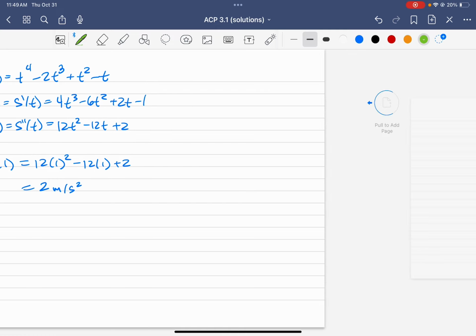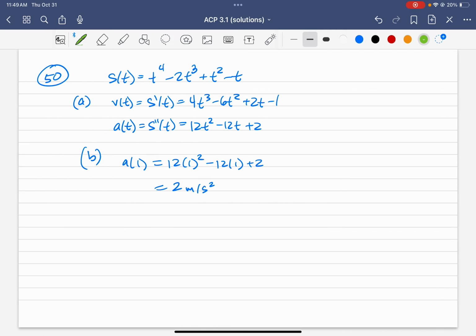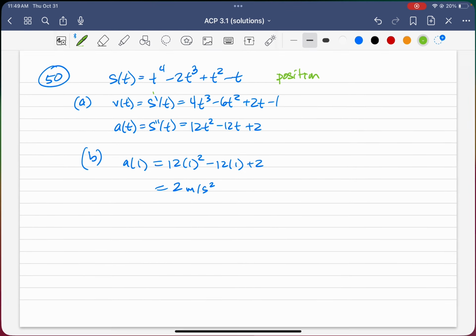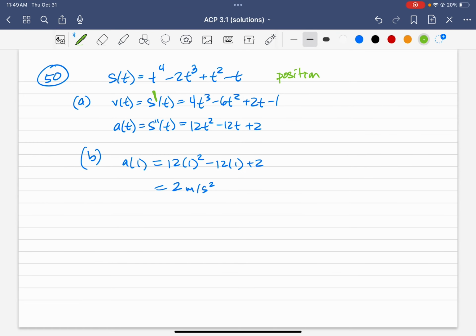Oh, no, we got 50. Okay, so 50, it says this is position, and it says to find acceleration. Well, the first derivative is velocity, so my derivative of t to the fourth is 4t cubed.